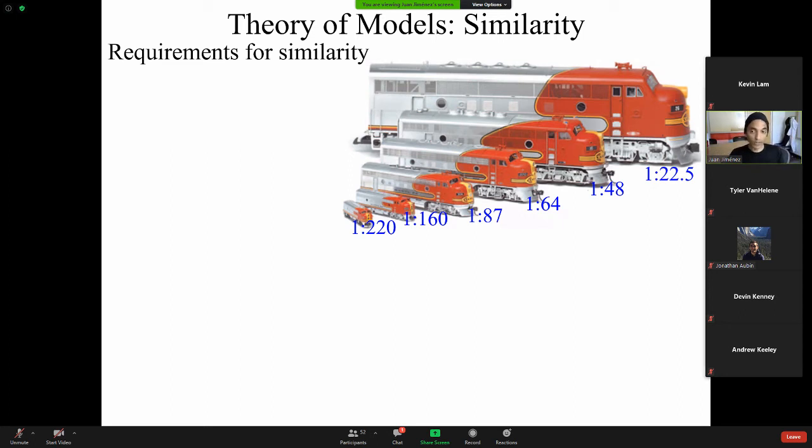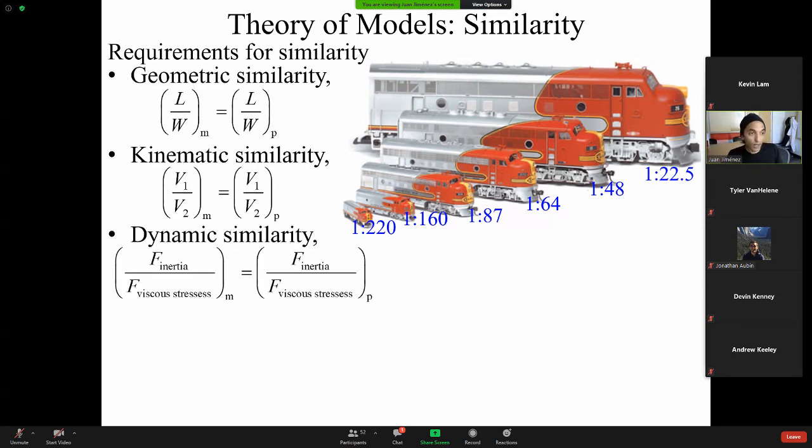So you have your prototype, you have your model, but we said, hey, you've got to match 3 different similarities: geometric, kinematic, and dynamic.